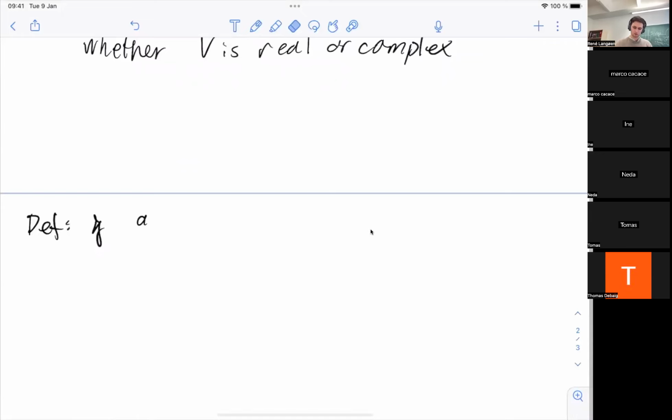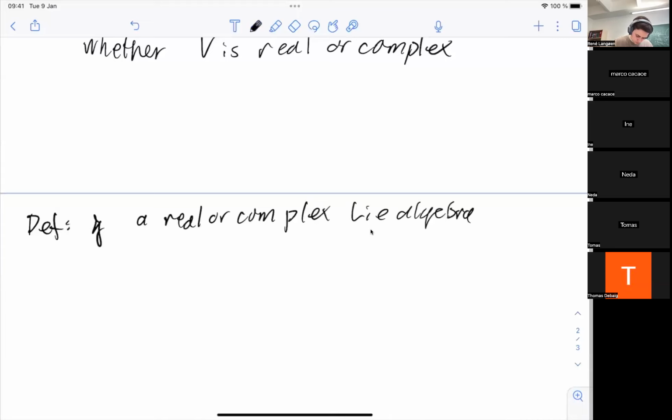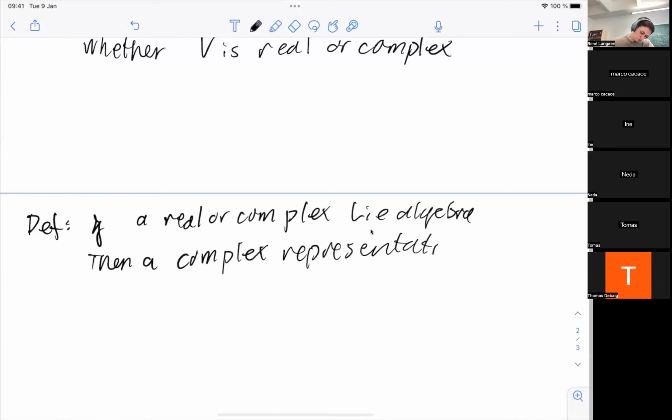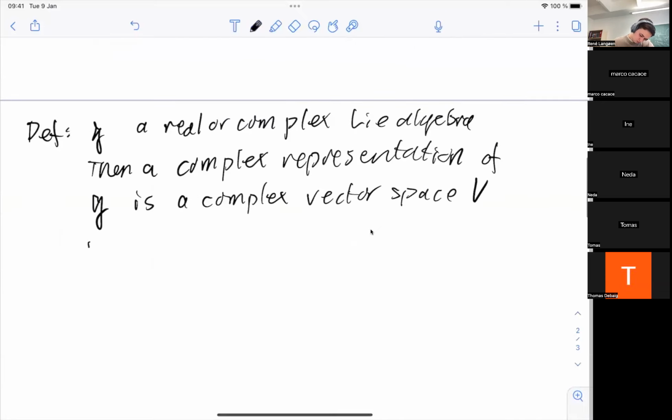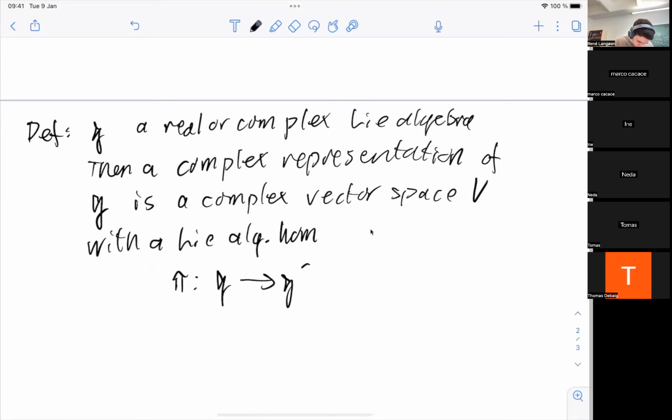Now the second definition. If g is a Lie algebra, which can be real or complex, then a complex representation of g is a complex vector space V with a Lie algebra homomorphism, small pi, going from g to gl(V).